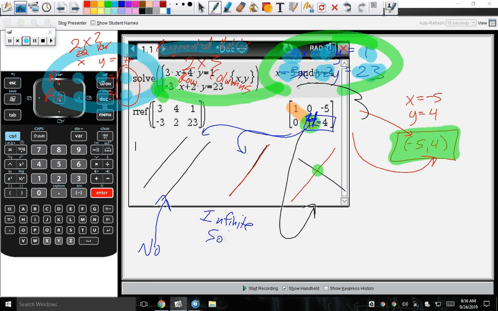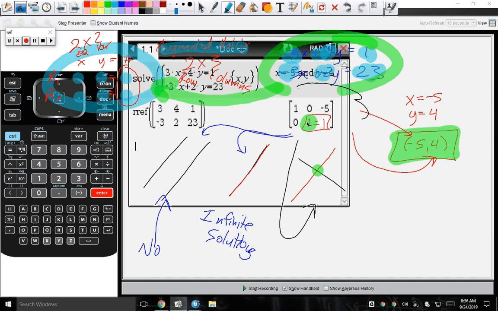Now let me try to get you a trick question. What if on this matrix this 4 was actually a 1? Still one solution. Even though this is true, it's not infinite solutions, because that will only happen if this one was a different number.